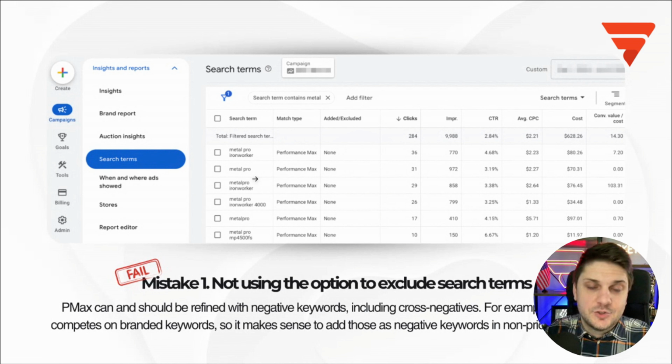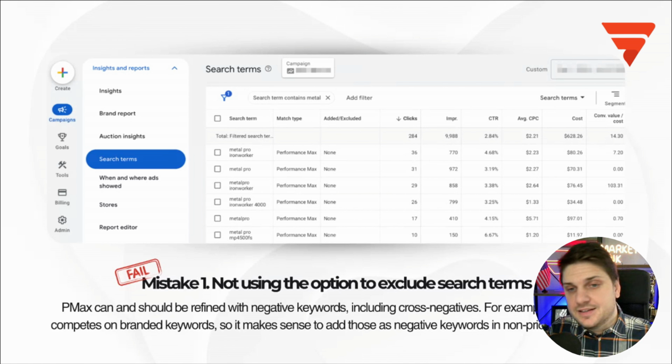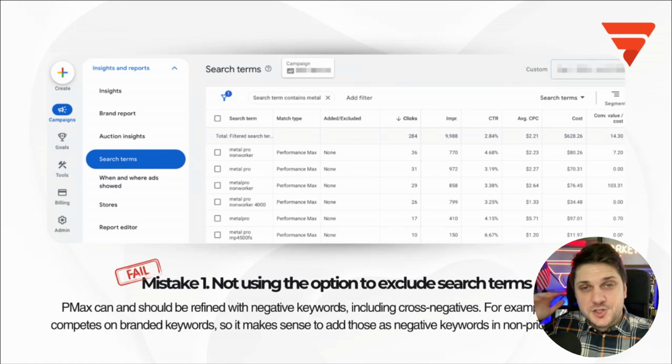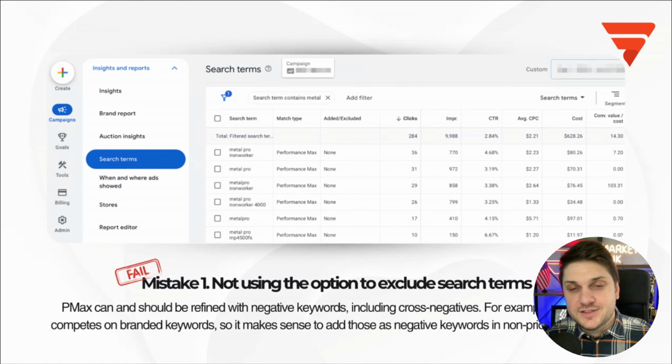Here's an example. Shortly, in PMax we can currently see where Google or Microsoft shows our ads. We can work with search terms, and we can add negative search terms, especially if we have different categories and would like to avoid internal competition in our ads account.